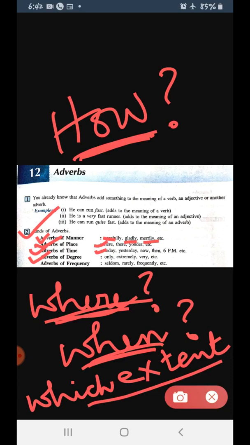Example: only, extremely, very. Suppose if I tell you it is extremely hot today, so to which extent is it hot? Extremely, very. The child is very beautiful or the child is very careless. So it shows the degree. How much? Very. So adverb of degree answers the question how much, means up to which extent.